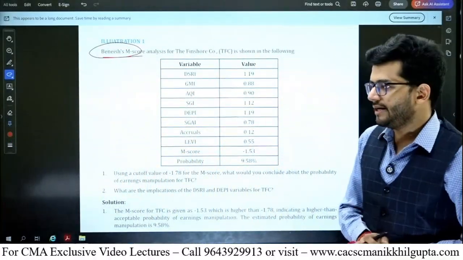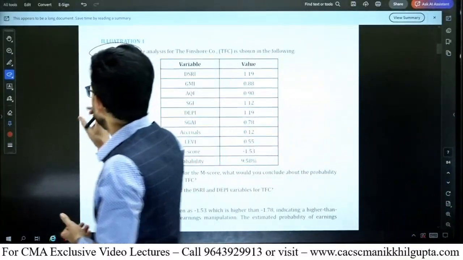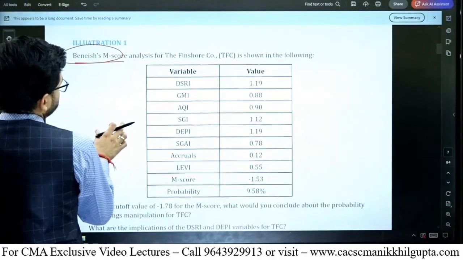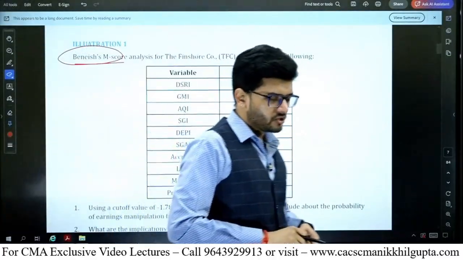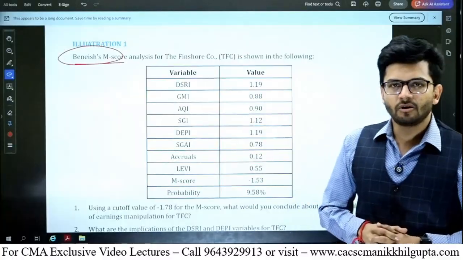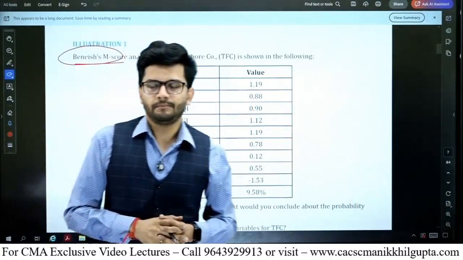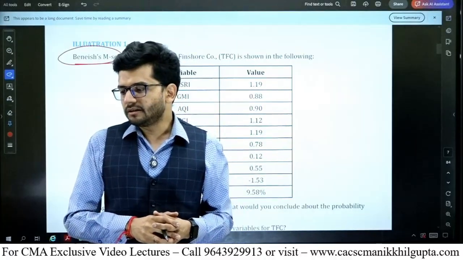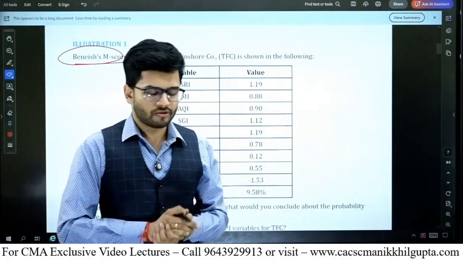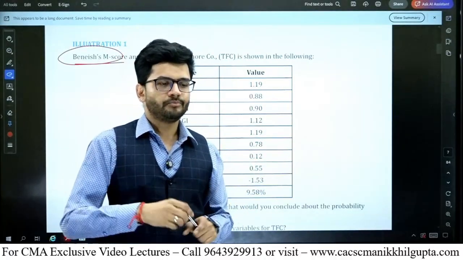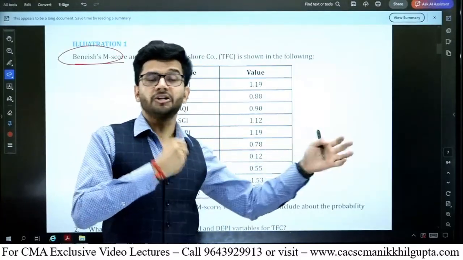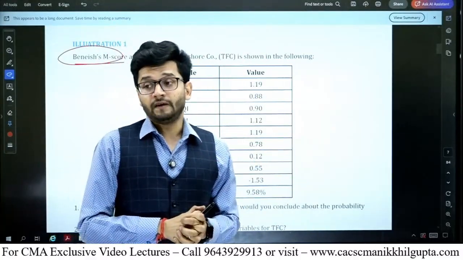Now, what has the institute done in addition to what we have studied in our class? The Beneish M score is a model which tells you about corporate failure, tells you about sickness, or tells you about the probability that this firm is going to have manipulation in its books of accounts. Manipulation is the right word. Now, what kind of manipulations will be there? Manipulation in terms of financials.